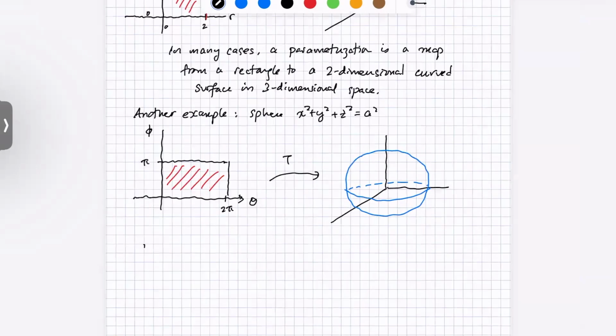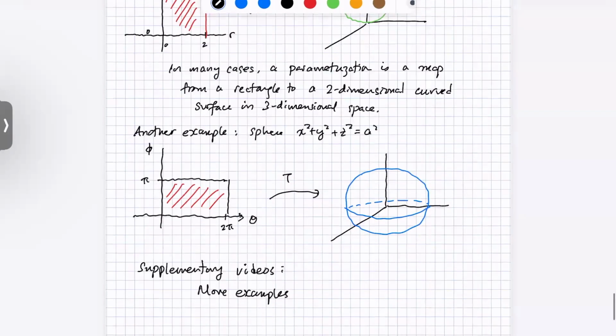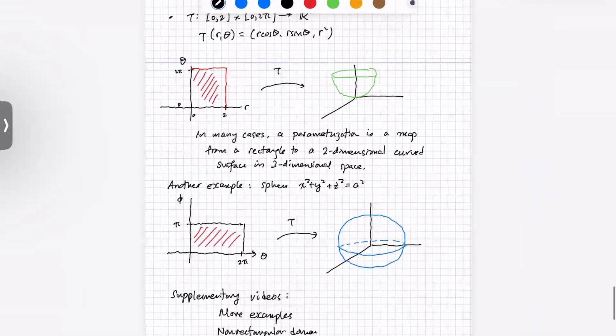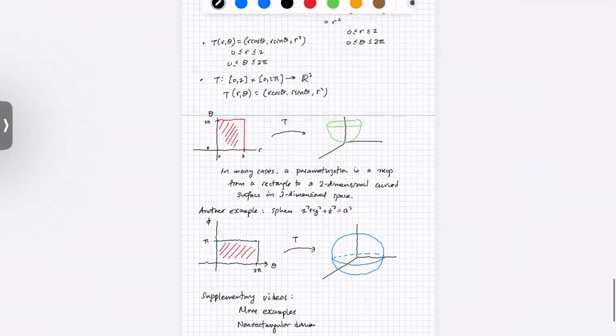So we will have some supplementary videos. The supplementary videos will look at more examples, and study non-rectangular domains, and a lot of other interesting shapes that we can study other than the ones that we've seen so far.